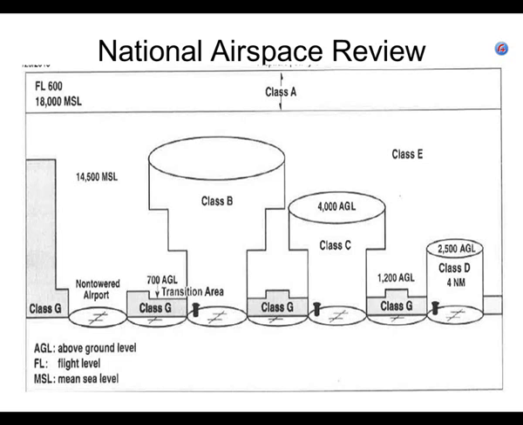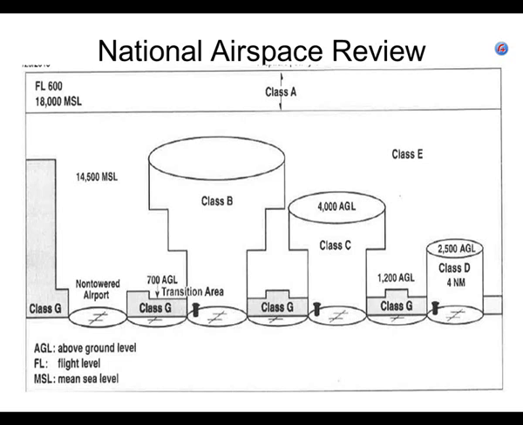But if they start out like in Denver or Las Vegas, then of course the top of the Class B airspace is much higher than that. And that's the reason they do not define what's going on here in the top of the Class B.